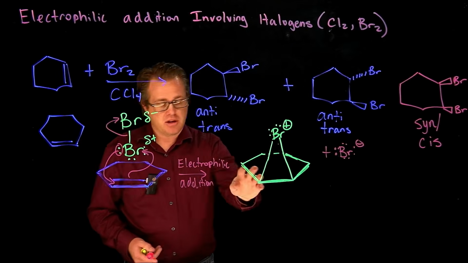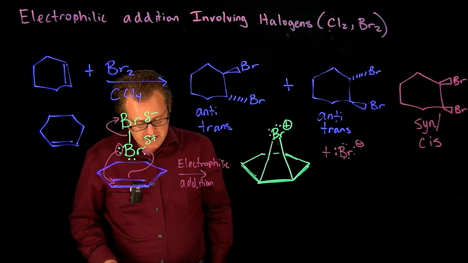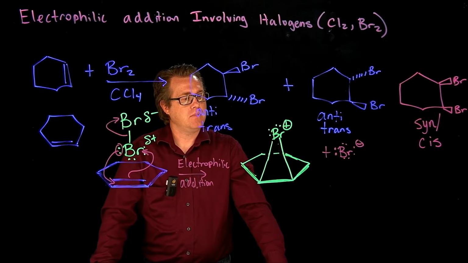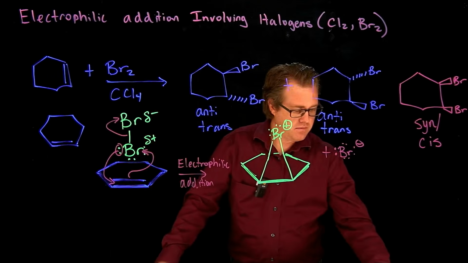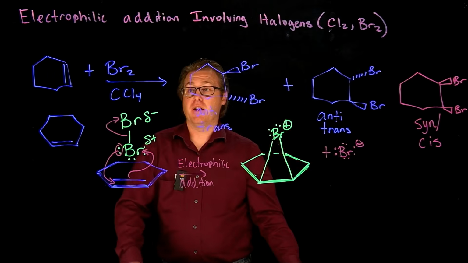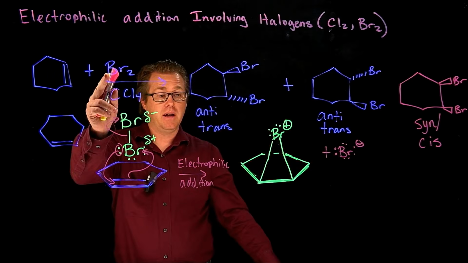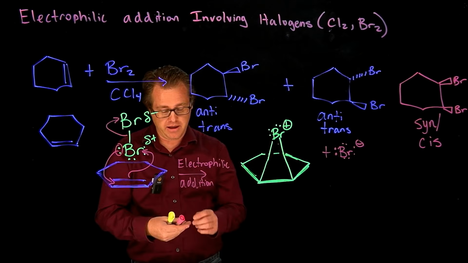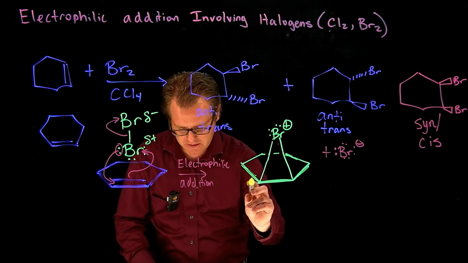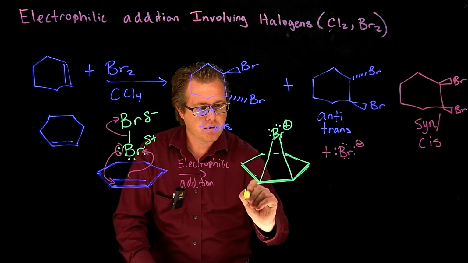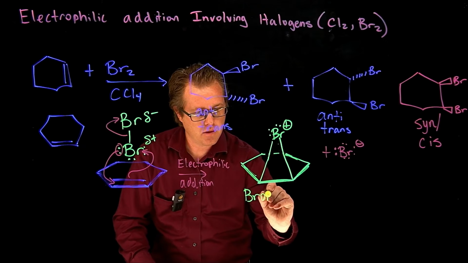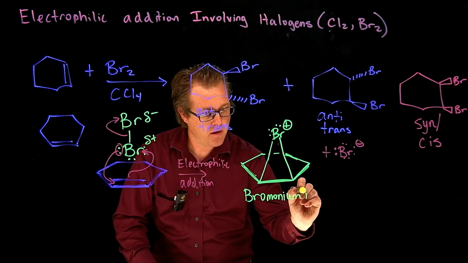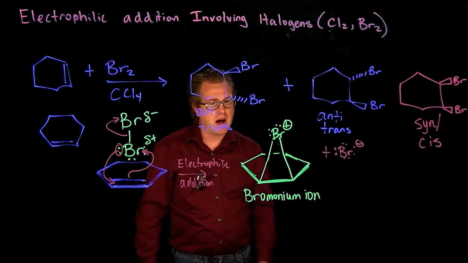So we have what's called the bromonium ion intermediate. And if you were doing this reaction with chlorine, you would have called it a chloronium ion intermediate. So let's write that out, okay? So that is our bromonium ion right there.